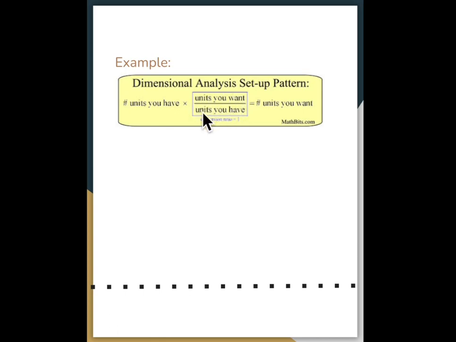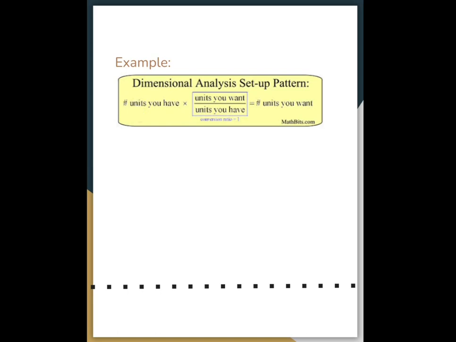Whatever that rate is, it could be the infusion rate, it could be the conversion rate of pounds to kilograms, but there's some rate that you use, and you multiply that times the number of units you have available, the amount on hand, right?